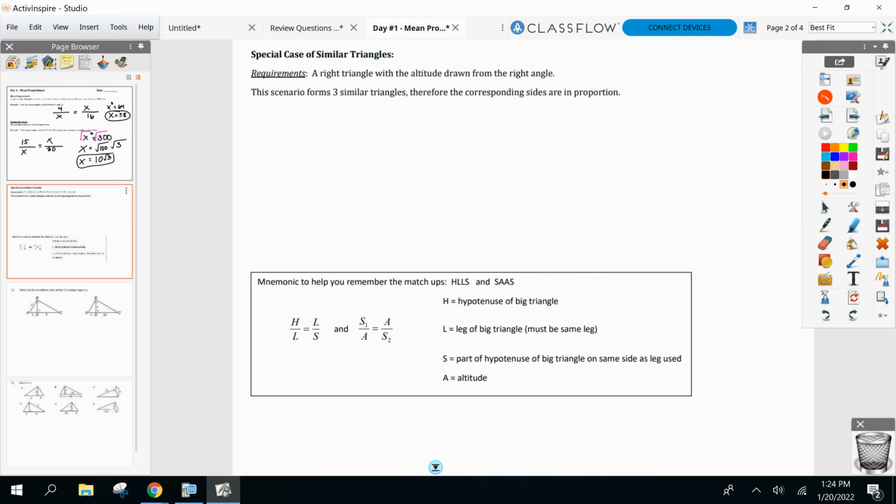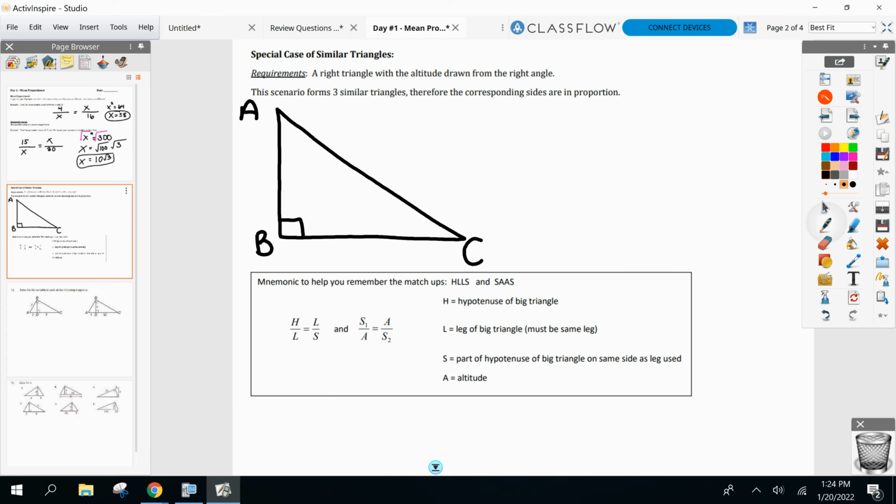I want to show you a special case scenario with similar triangles. Can everyone draw a decent sized right triangle for me? And let's label it ABC, where B is your right angle. So here's the scenario.